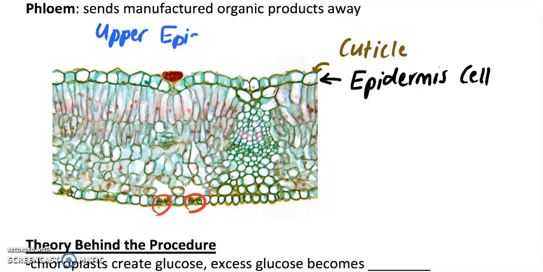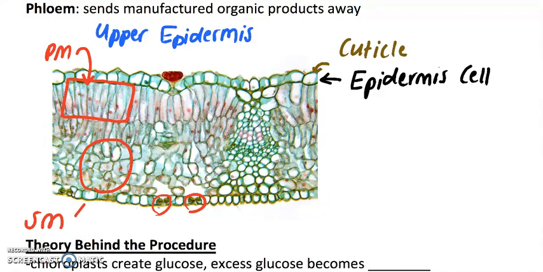So that means close to this side should be the palisade mesophyll. And we do have some palisade mesophyll. Here is a pretty good set, let me use a different color. Here is a pretty good set of palisade mesophyll. I'll just say PM for that. Okay, going further down, we have these circular-ish cells, not so tightly packed. This is the spongy mesophyll.